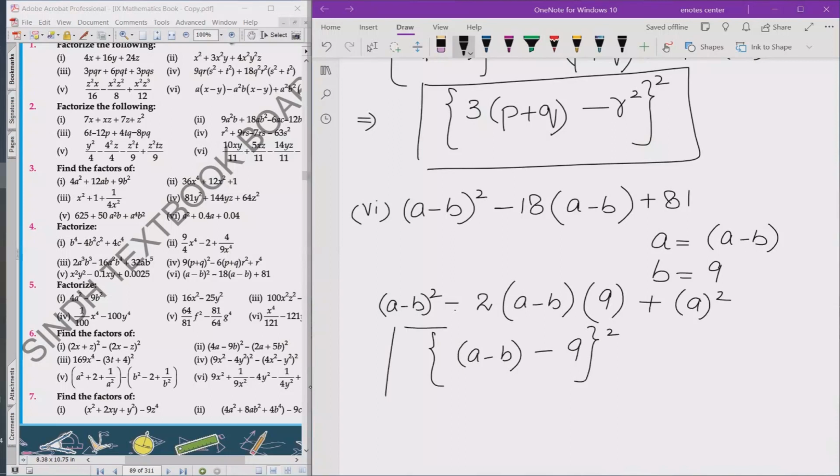So this becomes the perfect square of this question. So I hope you understand how we can solve perfect squares if we have factorization in terms of perfect square.